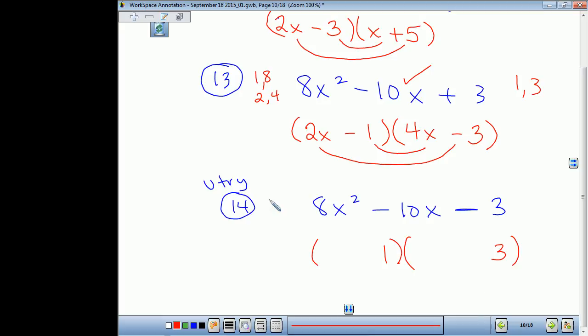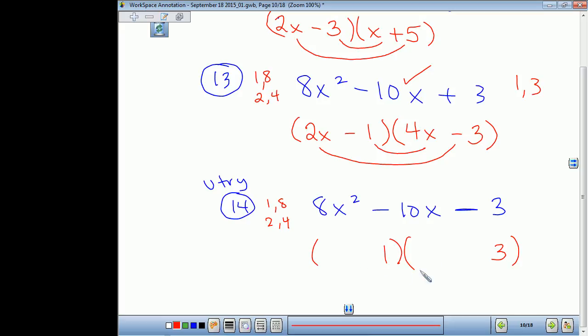Okay, so now I have to figure out, will a 1 and an 8 or a 2 and a 4 work for me? Now if I do the 1 here, that gives me 3, and an 8 here, that gives me 8. 3 and 8, whether I add them or subtract them, isn't going to make 10. If I put an 8 here, that gives me 24 and 1. That's not going to give me 10. If I put a 2 here, that'll give me positive or negative 6, and the other one would be the opposite.